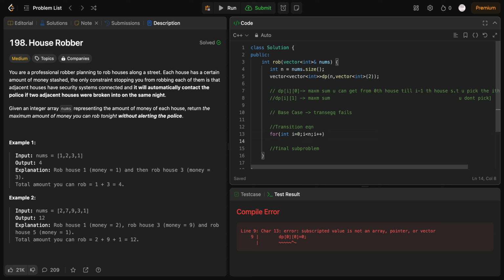I can write the transition equation as dp of i, 0 being max of dp of i minus 1, 0 when you pick the house, and when you don't pick the house.